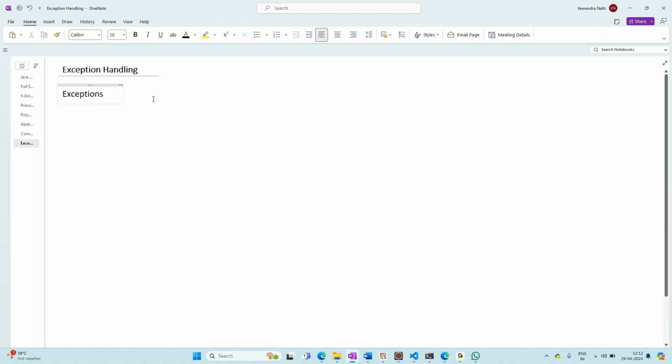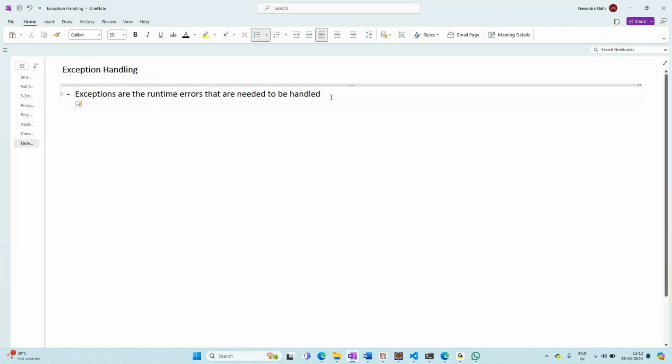Exceptions are the runtime errors. What are exceptions? Exceptions are the runtime errors that are needed to be handled.